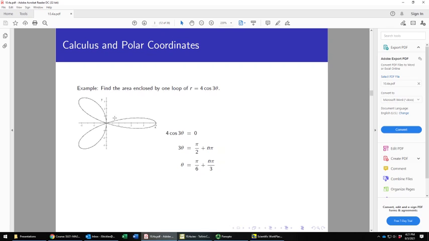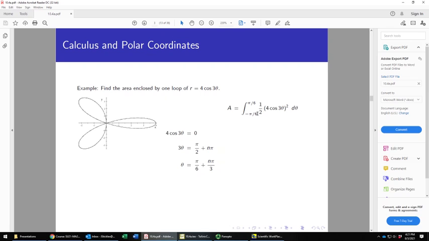Pi over 6 is this angle here, coming in this way. If we think about coming from below and around, tracing this out, if this is theta equals pi over 6, so n is 0, we would have to use n equals negative 1 to get this angle, or negative pi over 6.